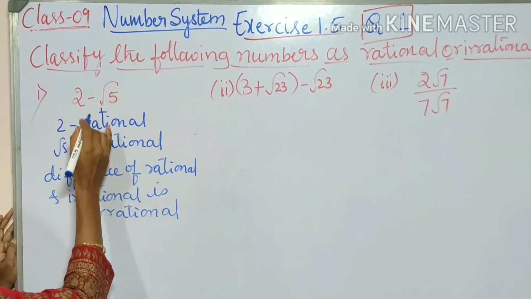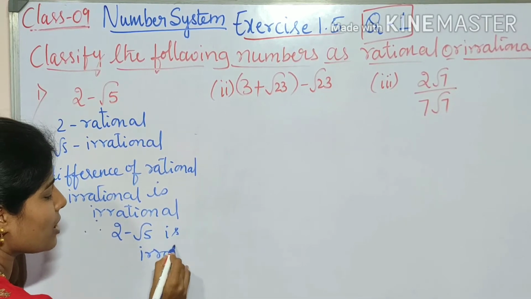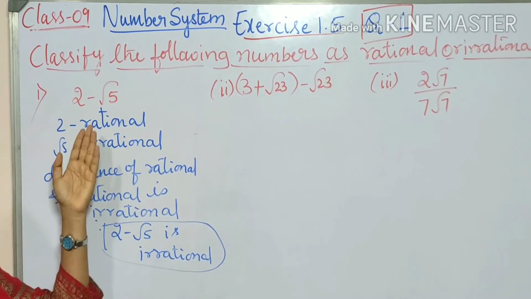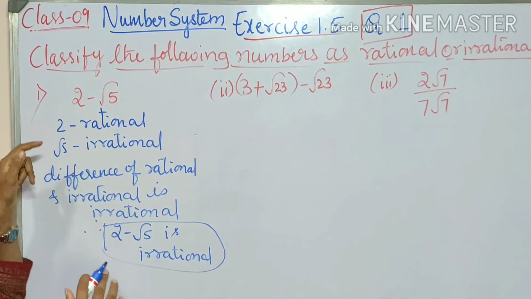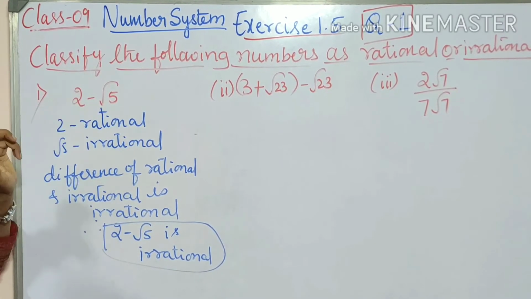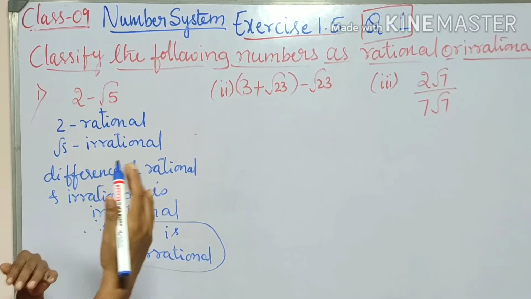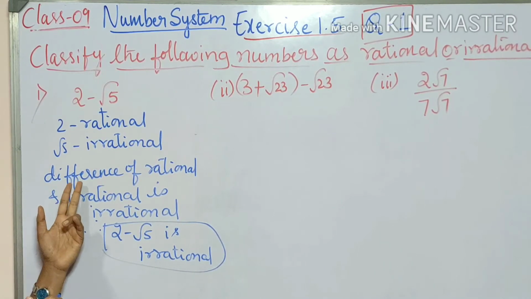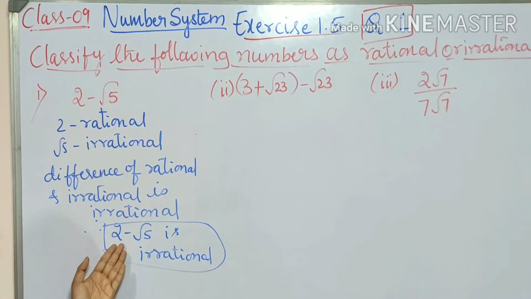Therefore 2 minus root 5 is irrational. First observe the given real numbers, and divide which is rational and which is irrational. We discussed some important points related to rational and irrational, so 2 minus root 5 is an irrational number.